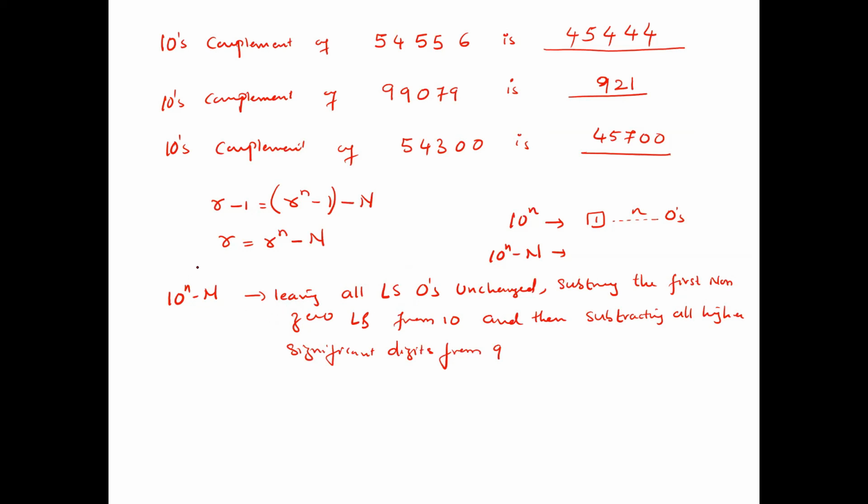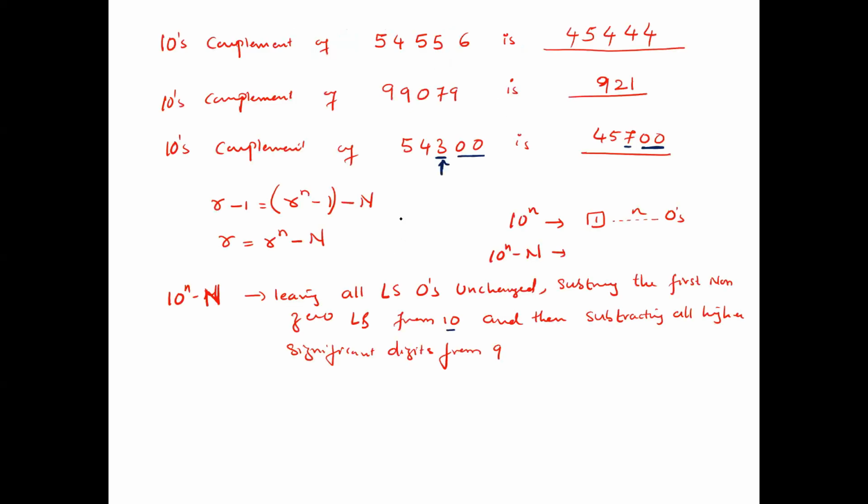So if you want to calculate, I will give one example here. 2, 4, 6, 7, 0, 0. Now, what is the tens complement of this? What do you need to do? Either you can solve it by 9's complement and then add 1.